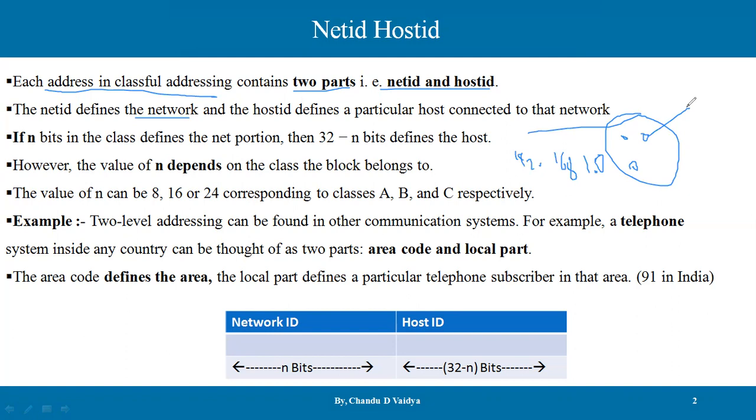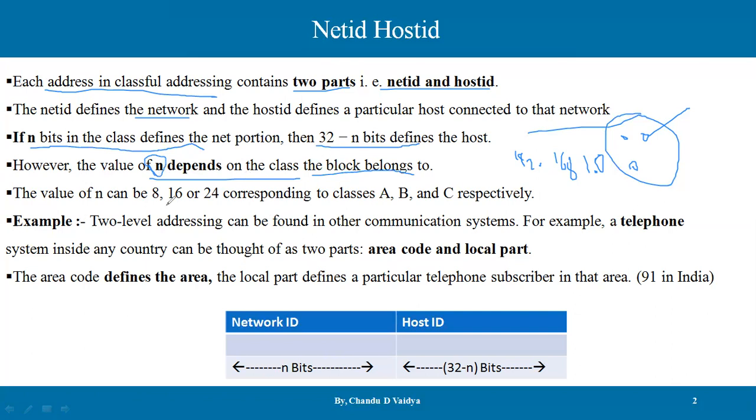Now, if n bits in the class define the net portion, then 32 minus n bits define the host. However, the value of n depends upon the class the block belongs to. It means the value of n depends upon what type of class it is, which class that IP address belongs to. This is a very important point. The formula is very simple: 32 minus n.